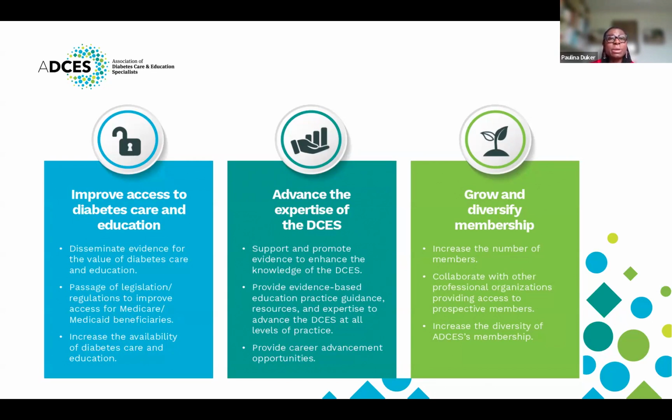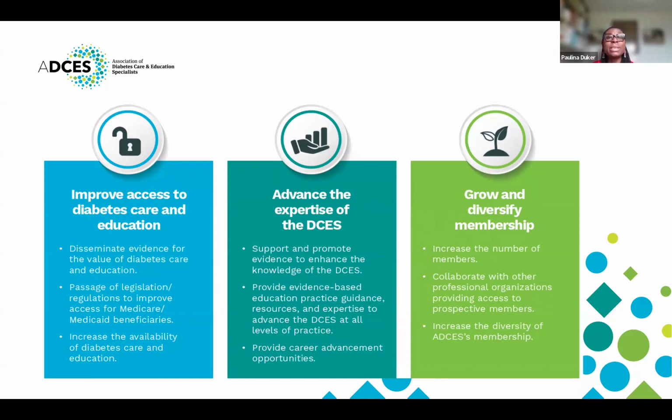So the next thing we focus on at the association is making sure that every person who takes care of people with diabetes has the right skills and education they need, or at least they can access the education they need through our ADCES resources. Right now, we have about 19,500 certified diabetes care and education specialists. This is not nearly enough for the 39 million people who have diabetes in the US.